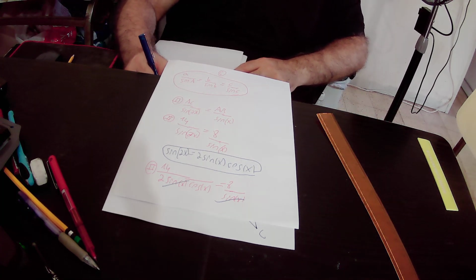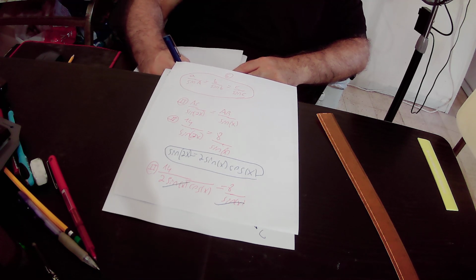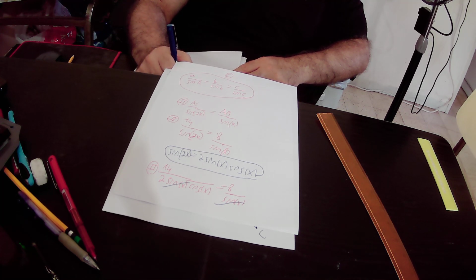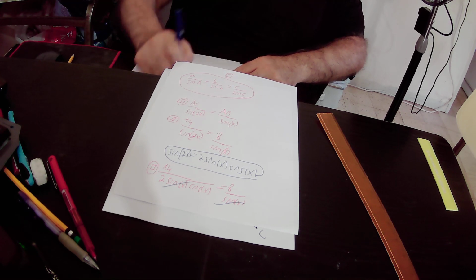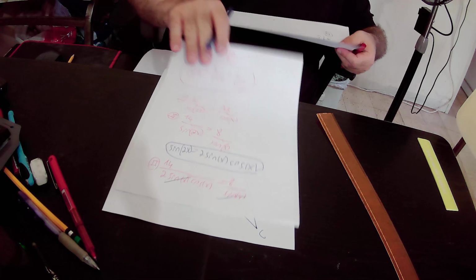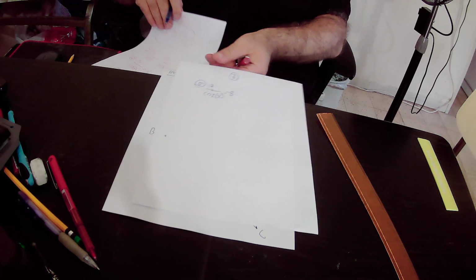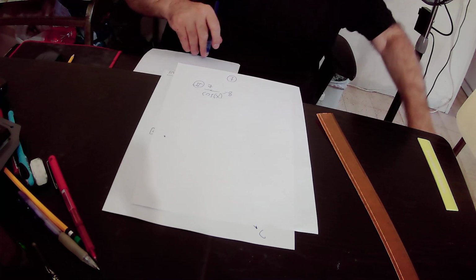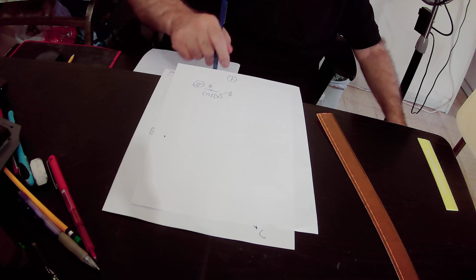So we'll get that 7 over cosine x equals 8.